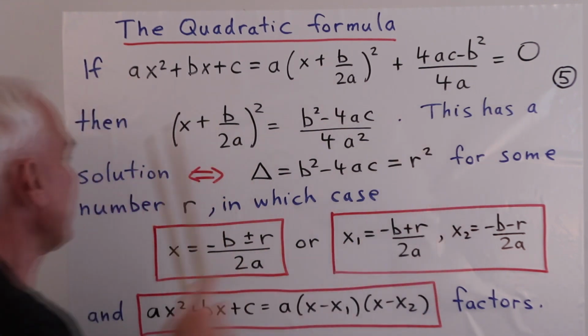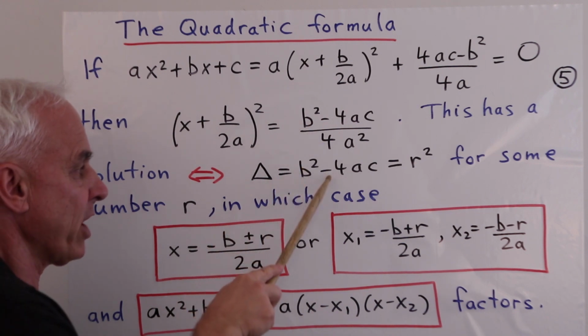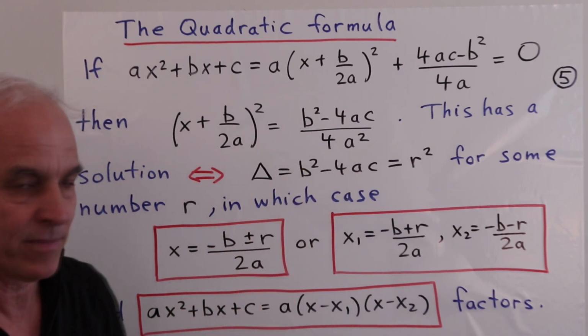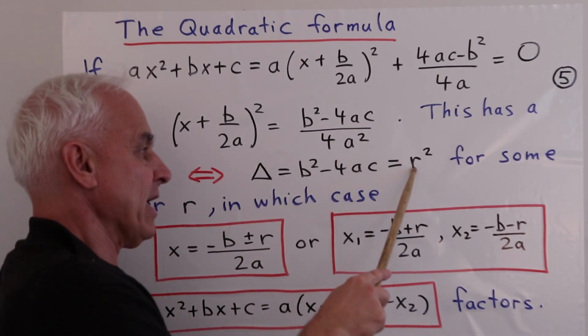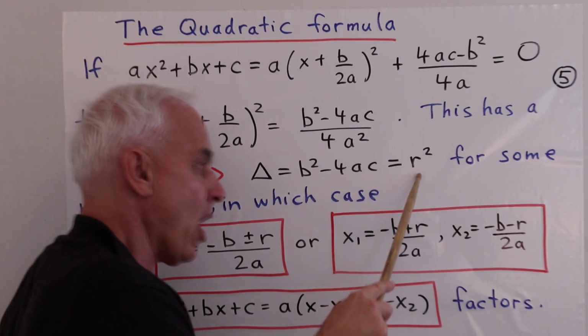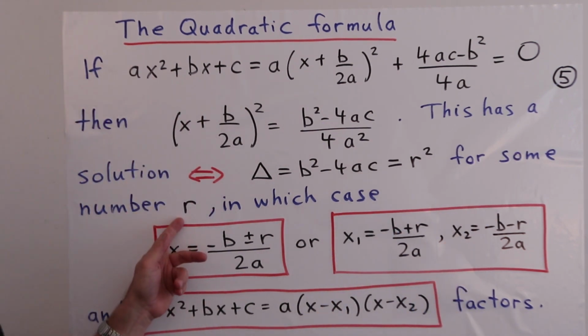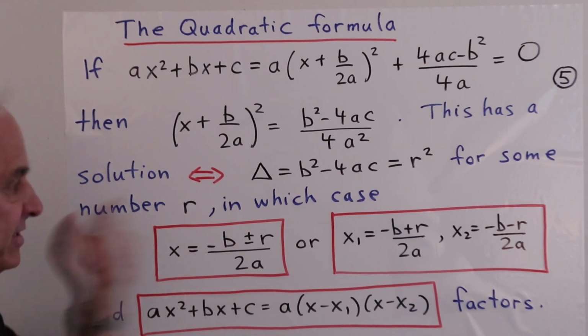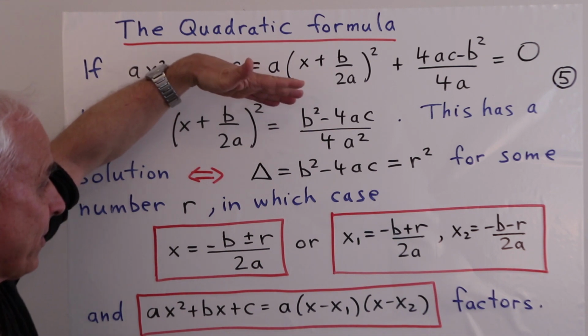So this has a solution precisely when this numerator, b squared minus 4ac, which we might call delta because it's a rather important quantity, is actually a square. In other words, when it's equal to r squared for some number r. That's the condition for which we're going to be able to actually solve this.